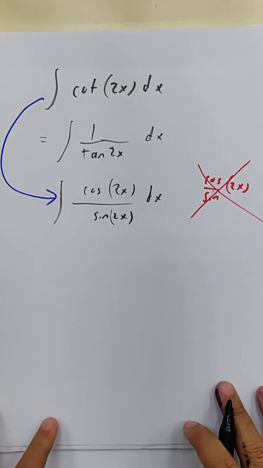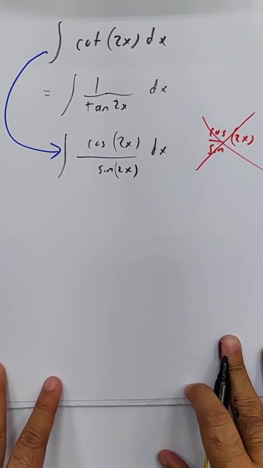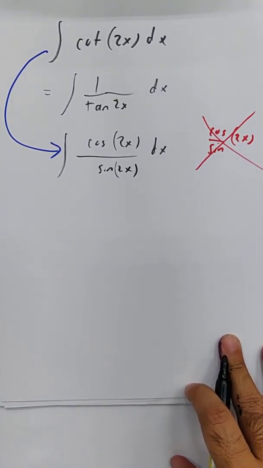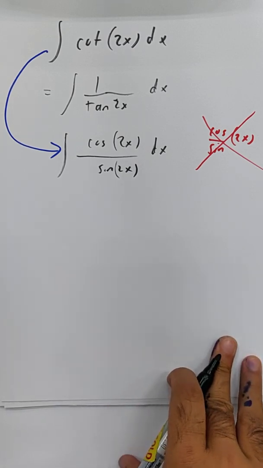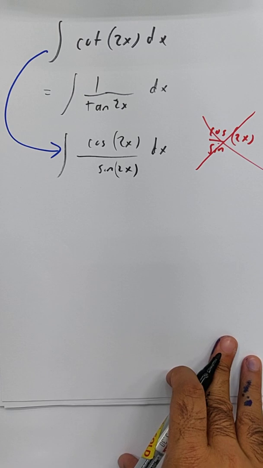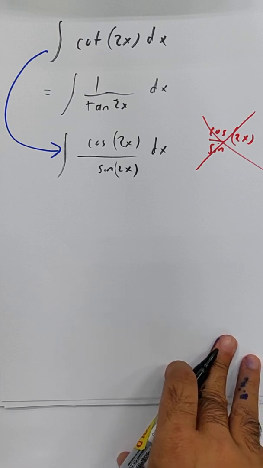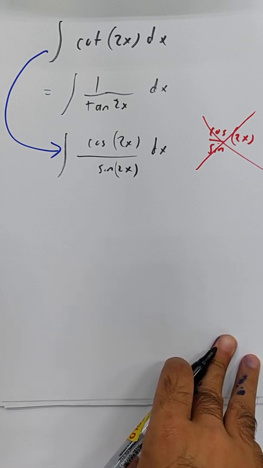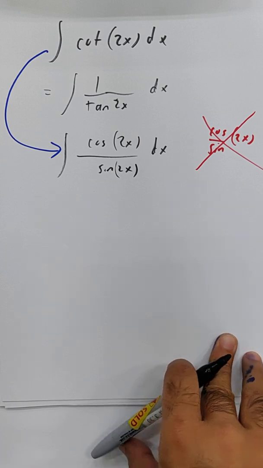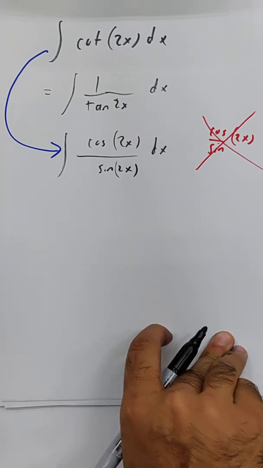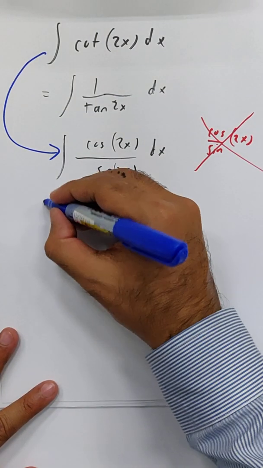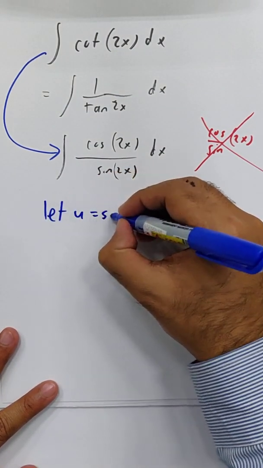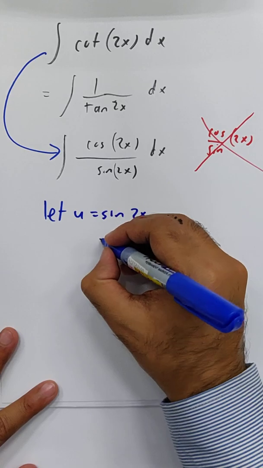And what's the best way to continue from here? What's the best way to continue? When it comes to trigo, everyone is waiting quietly. Let u equal to sin 2x.